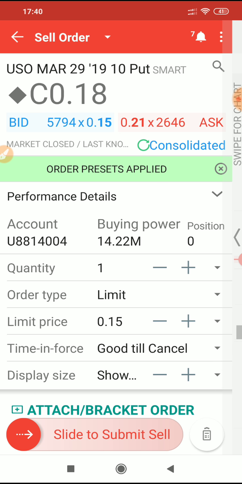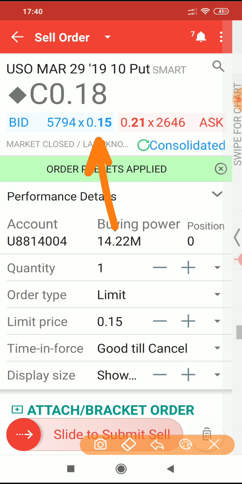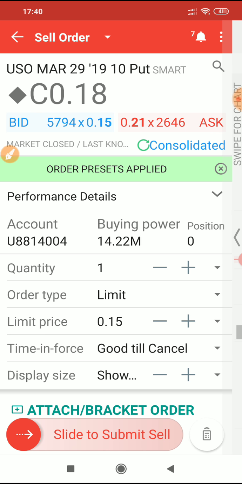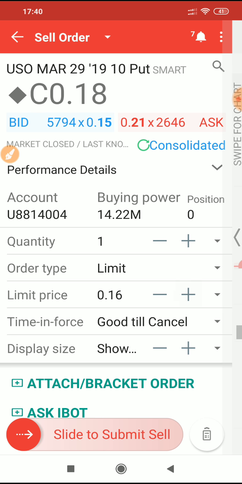The bid was 0.15 at the last close, and the ask is 0.21, so I can put an order in between. Because I'm selling, I want a slightly higher price, so I'll nudge it up to 0.20 per contract.